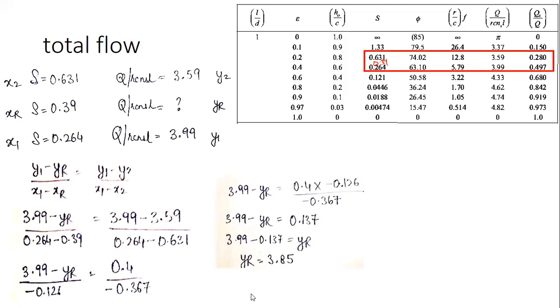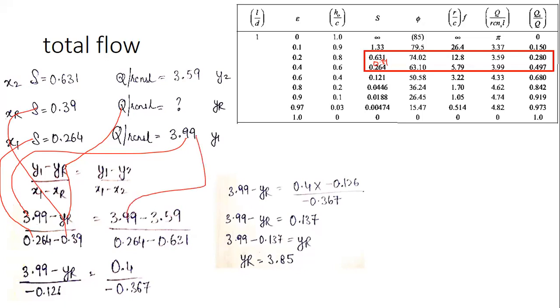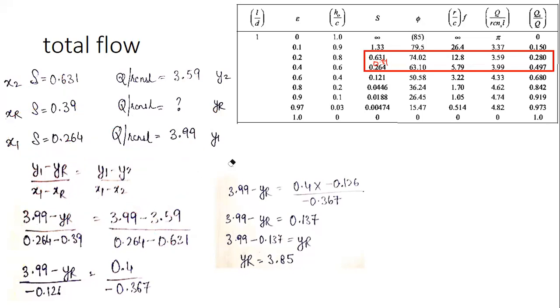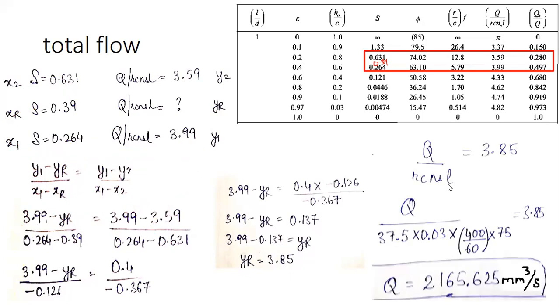Putting all these values properly, I'm going to get the answer of total flow Q. That is in mm³ per second I want.